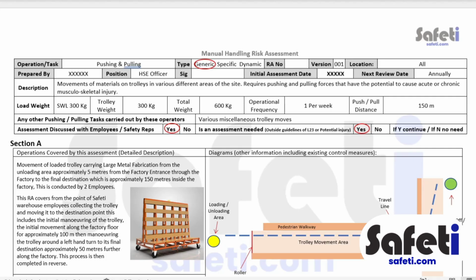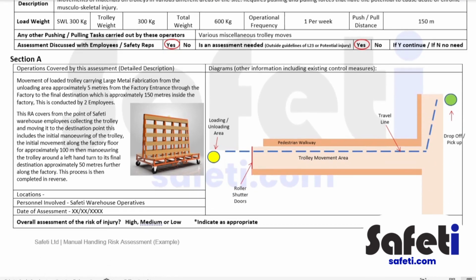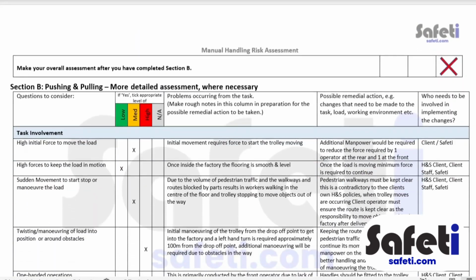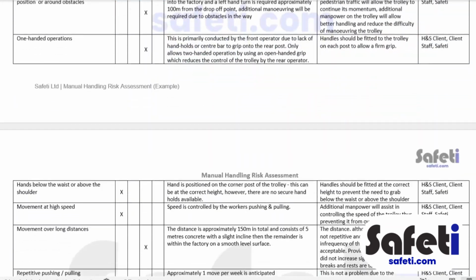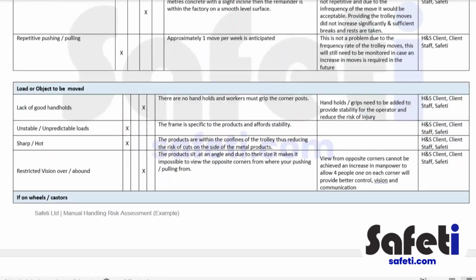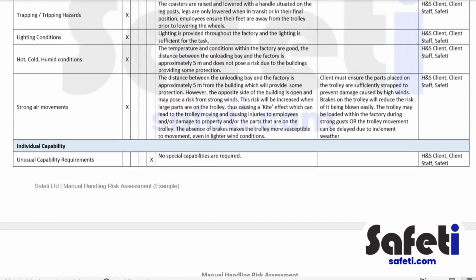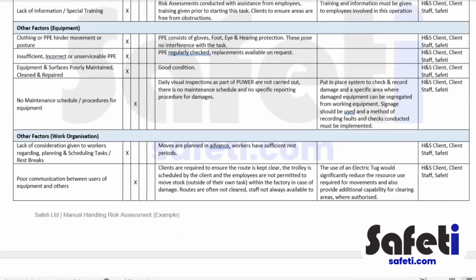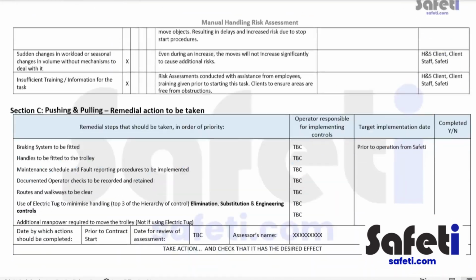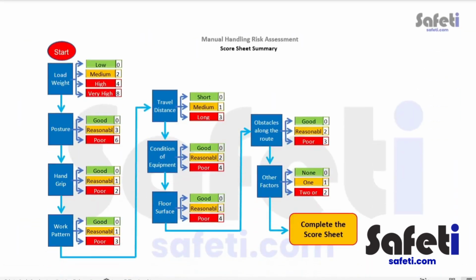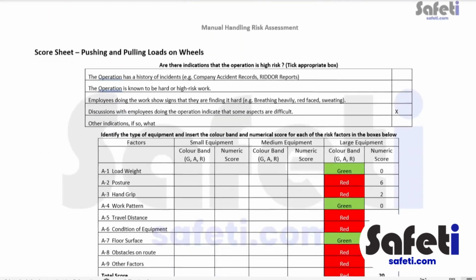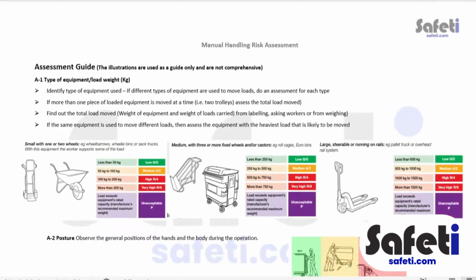For more unique or complex operations, you may also want to consider doing a task-based manual handling risk assessment. And the UK HSE has some really useful resources on this subject, and although the assessment task can be quite laborious or time consuming in itself, it may well be well worth it depending on the risk profile of the work you're doing.